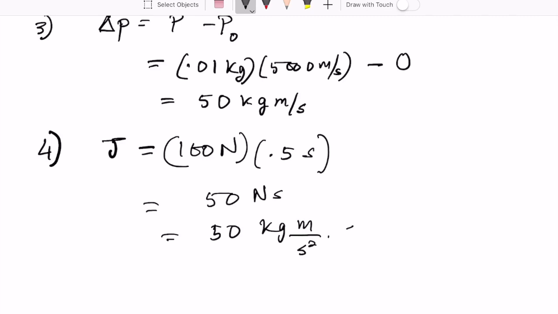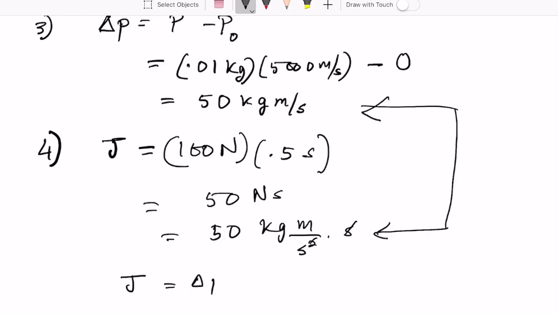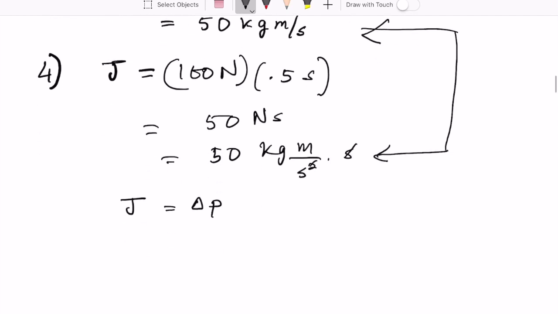If you multiply that by seconds, then one of these cancels out. So it's kg meters per second. And so this just shows you that the impulse momentum theorem is true. You get the same answer. So this just shows you that J is the same thing as delta P.